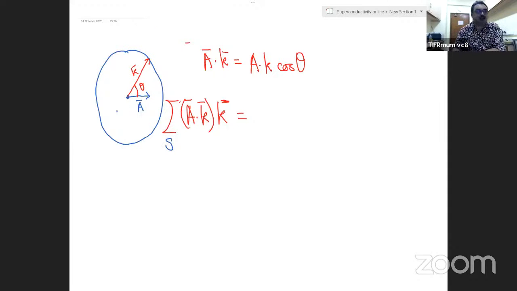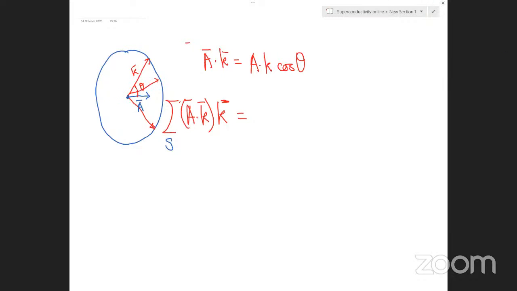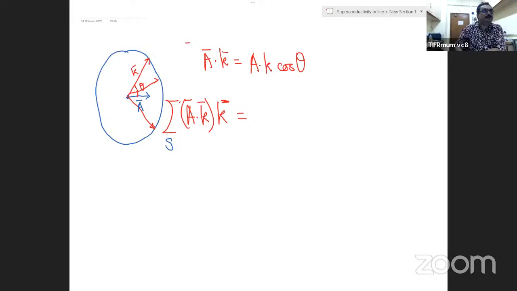Take these vectors in this kind of pairs. You have one k here, corresponding to that you have another k here. Similarly, we will have one exactly along A. So you will have one here, correspondingly you have one here.